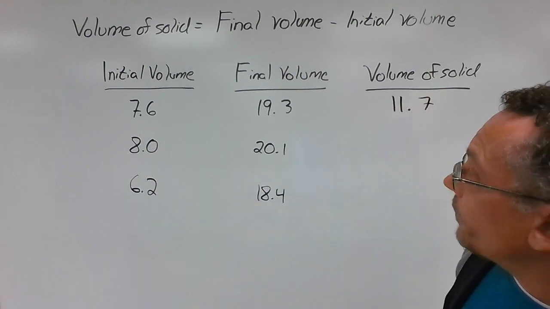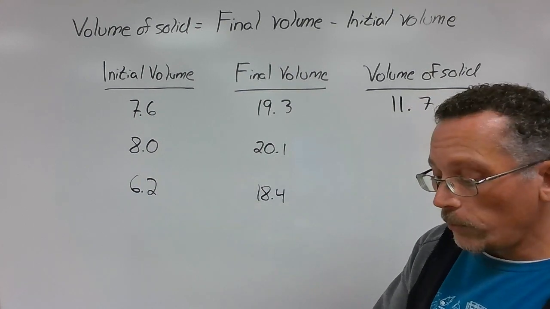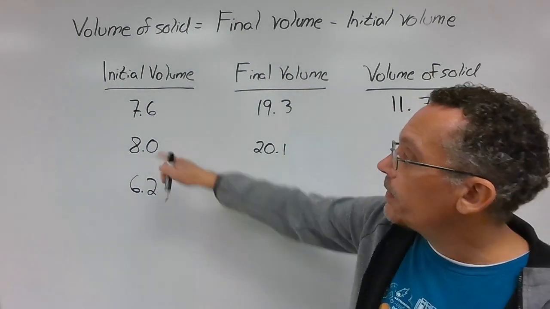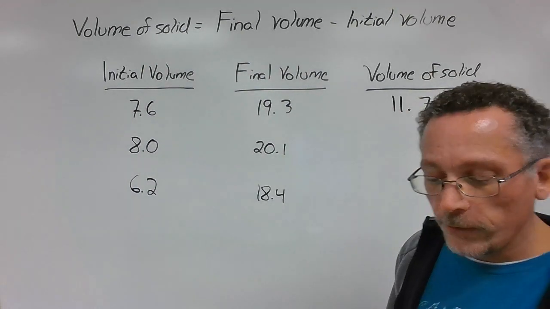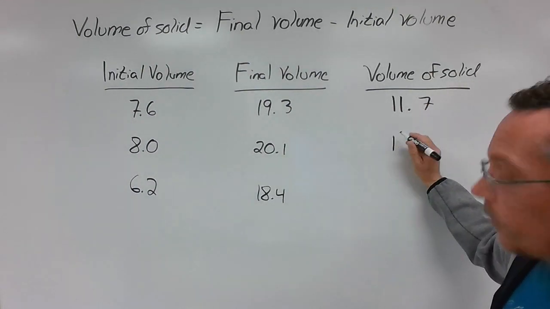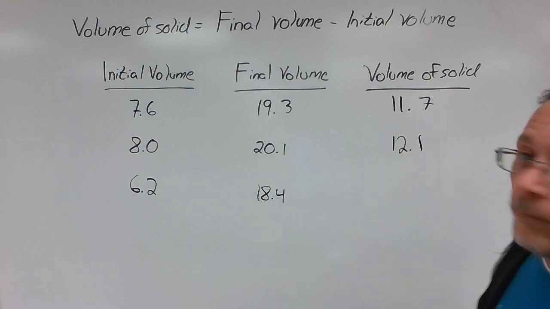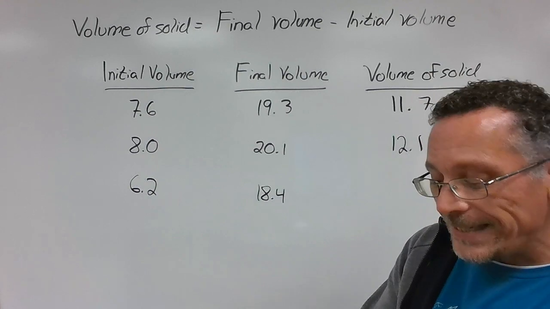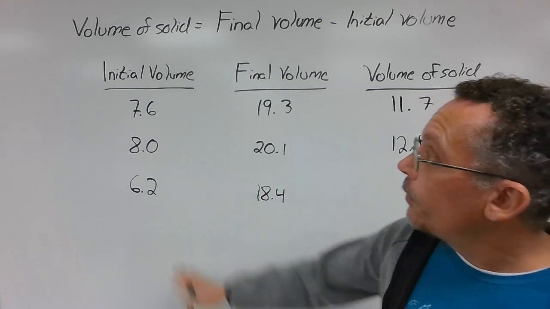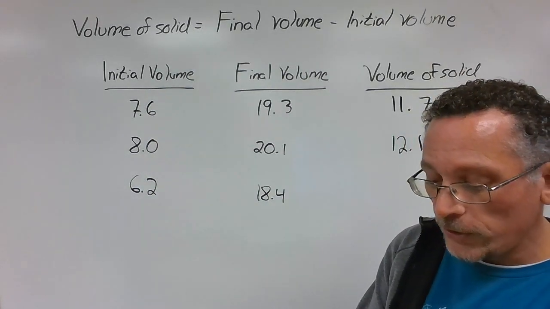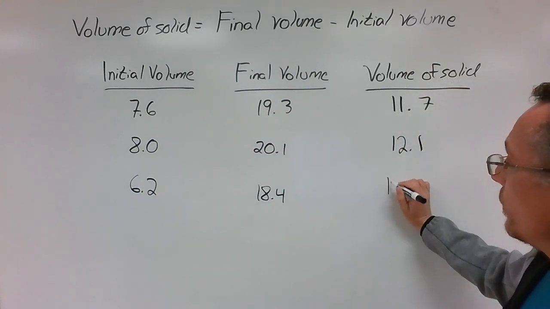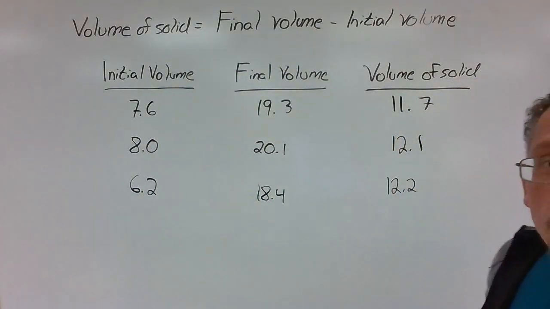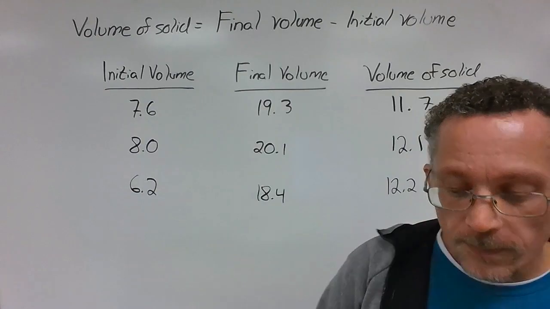For the second one, the final volume, 20.1, minus the initial volume, 8.0, gives us 12.1 milliliters. And then for the third one, the final volume, 18.4, minus the initial volume, 6.2, gives us 12.2 milliliters.